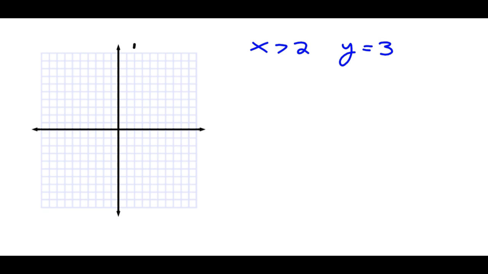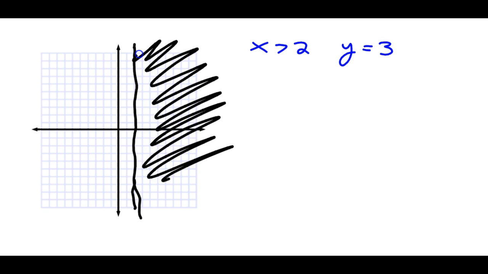I'll just draw it by hand. So x equals 2 will go down right through here. Sorry, pretend like that goes through x equals 2. And so everything to the right of this is going to be greater than 2. Any point you pick, your x value will be larger than 2.